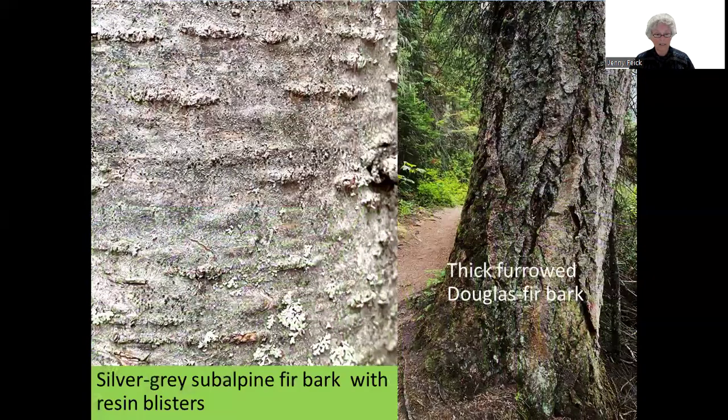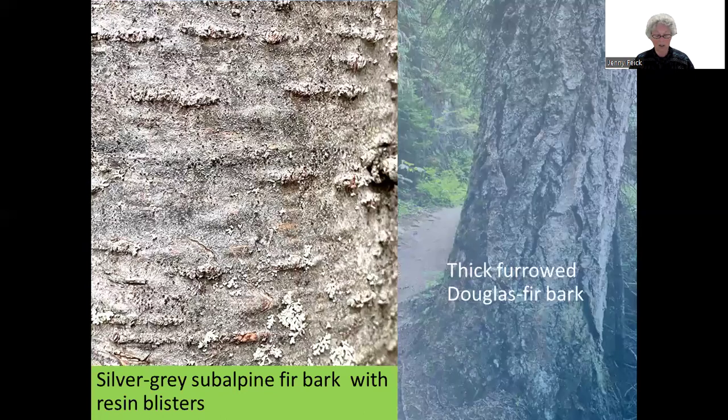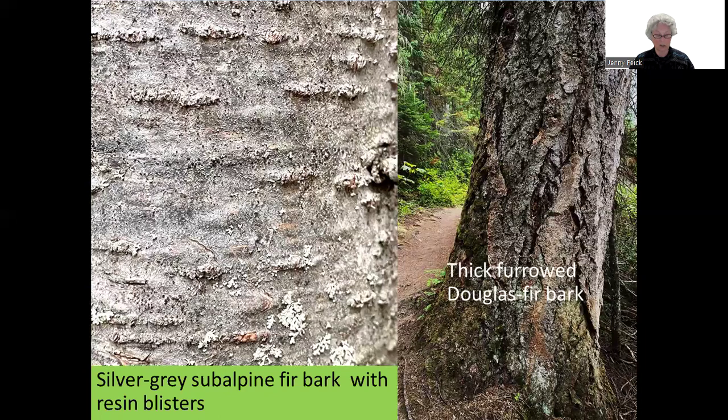Subalpine fir bark is silvery gray, has distinctive resin blisters on it, and ignites readily, whereas Douglas fir bark is dark, thick, and furrowed and provides resistance to light ground fires.